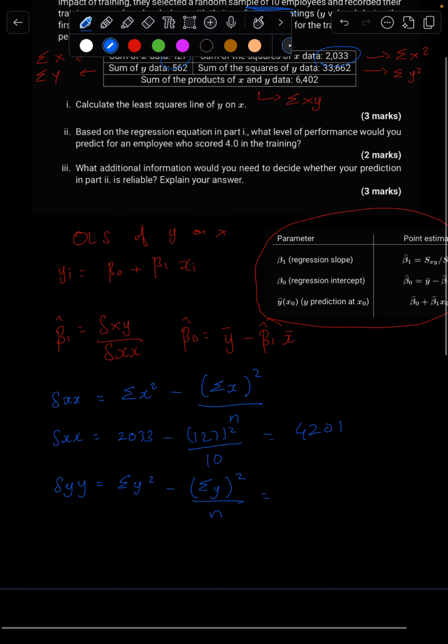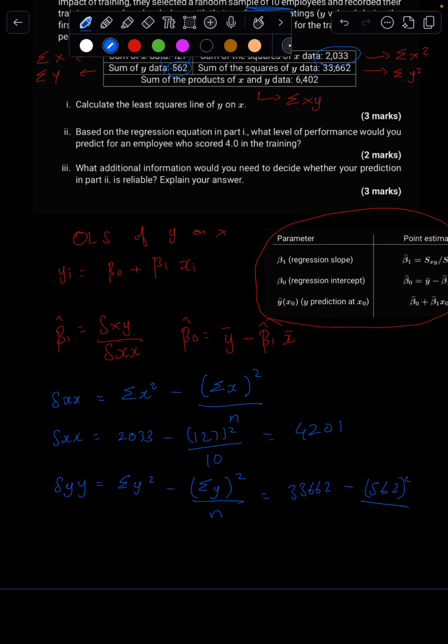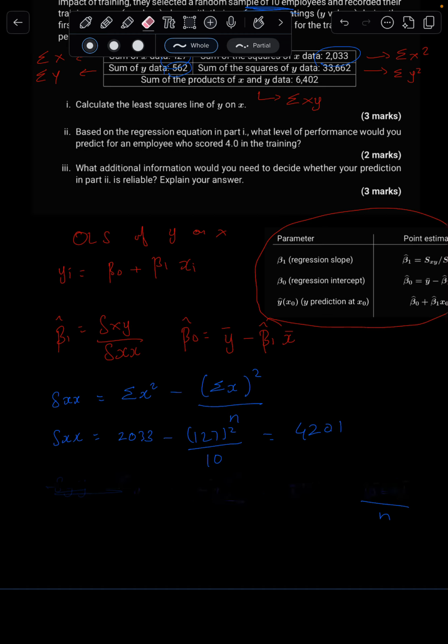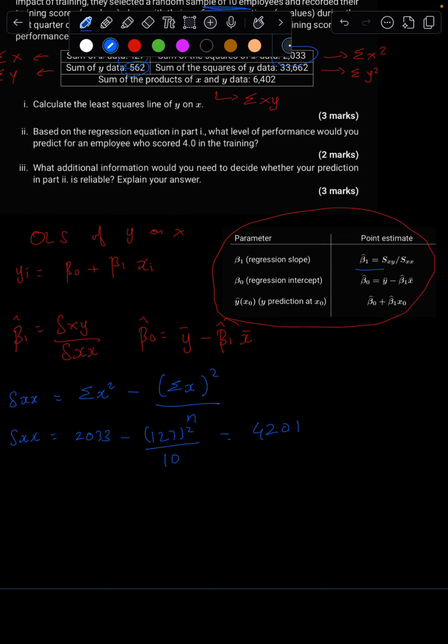It's just going to be 33662 minus 562 whole squared divided by n, and you can calculate that. But in this question you usually don't need to calculate syy, because to find our estimate for beta 1 we just need sxy and sxx.